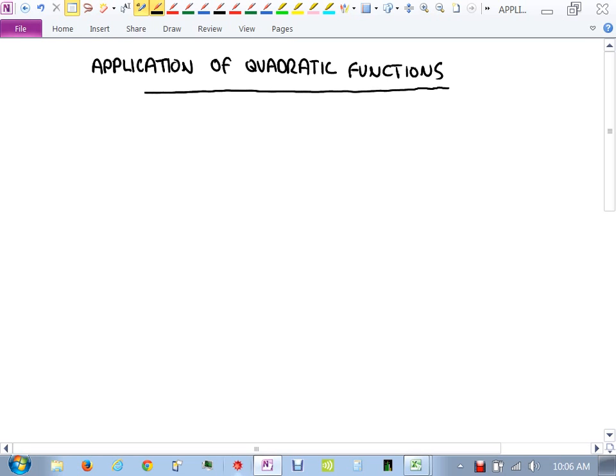When it comes to quadratic functions, there are many, many things in the real world that you can model with quadratics. Lots of real world situations are perfectly connected to a quadratic function.